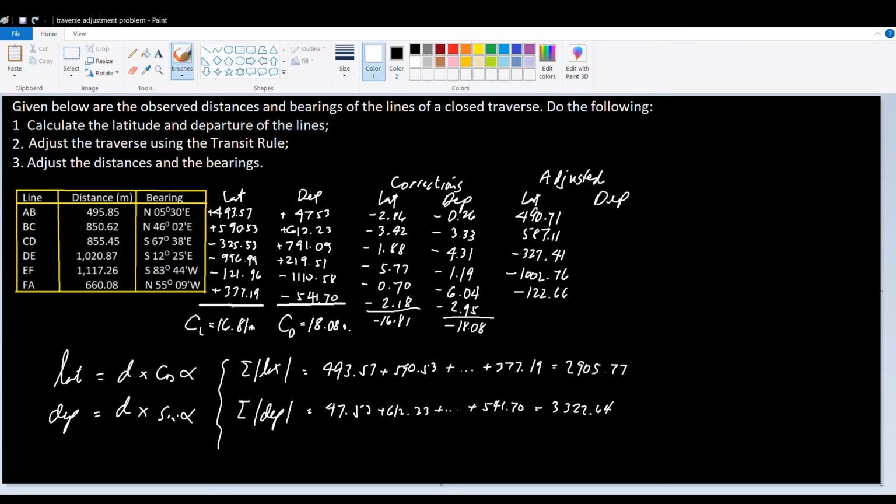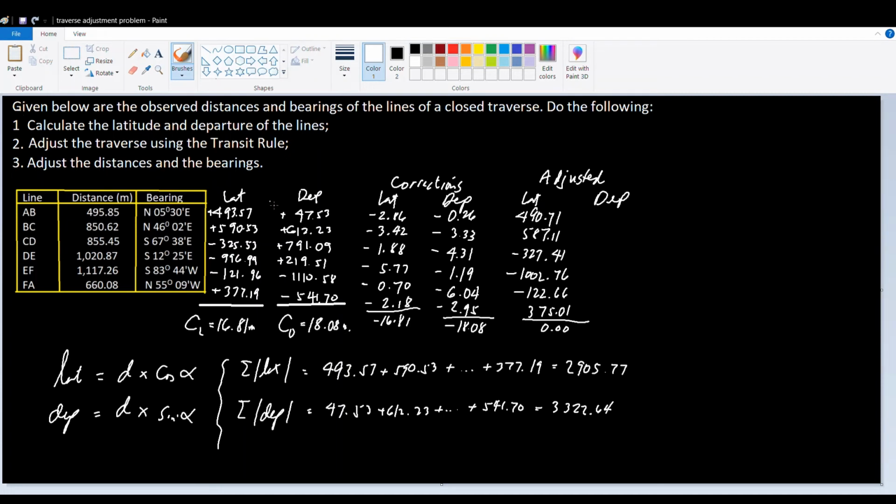Finally, positive 377.19 minus 2.18 is positive 375.01. And add them together, you should get a sum of 0. Now, meaning to say the latitudes have already been adjusted.